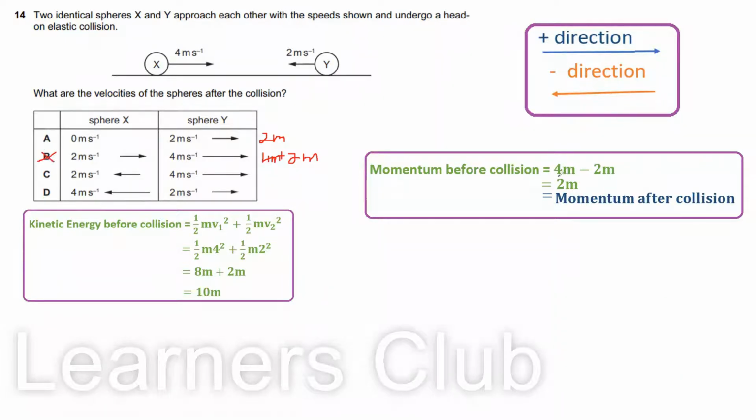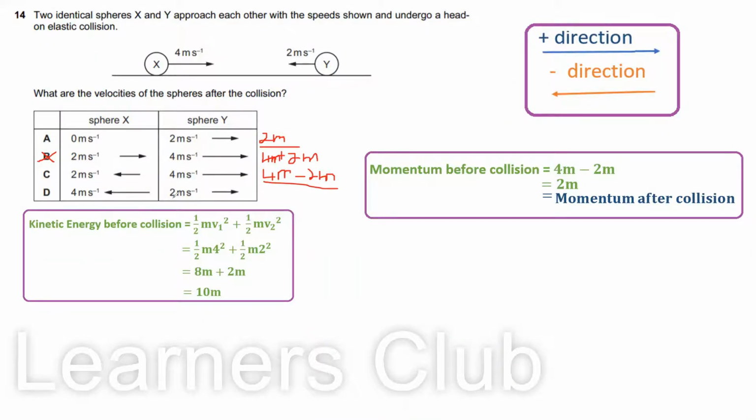We have to check whether we get 2m after collision. Here it is 4m towards the right and 2m towards the left, so minus 2m. So the final answer is 2m. You can see momentum is conserved before and after. This could be an option.